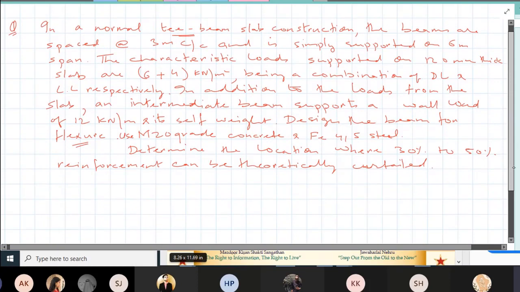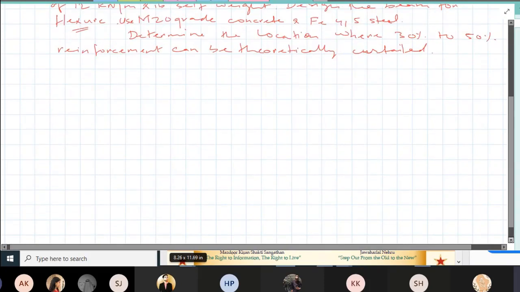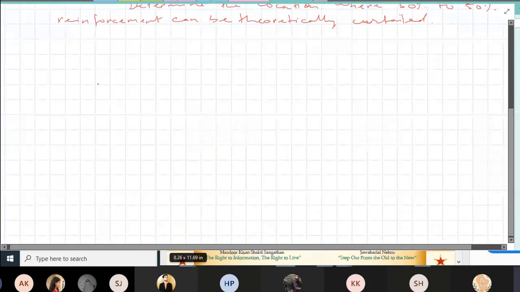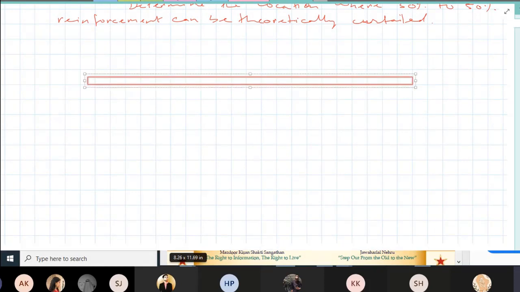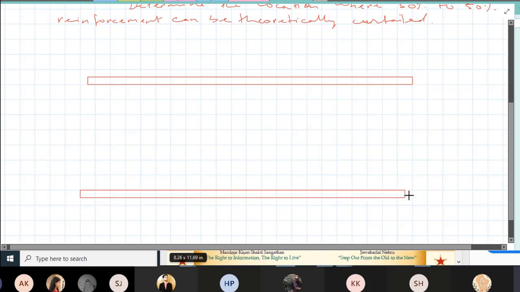So first, what is this problem about? We have to design a beam which is spaced at 3 meters center to center. Imagine this is one of the walls which is running in this direction, and there is another wall running in this direction. This is continuous. Now you are giving a slab on this wall.